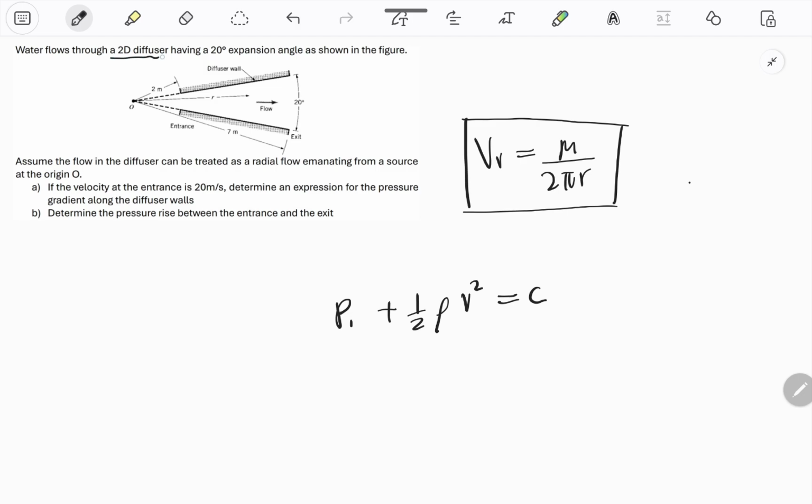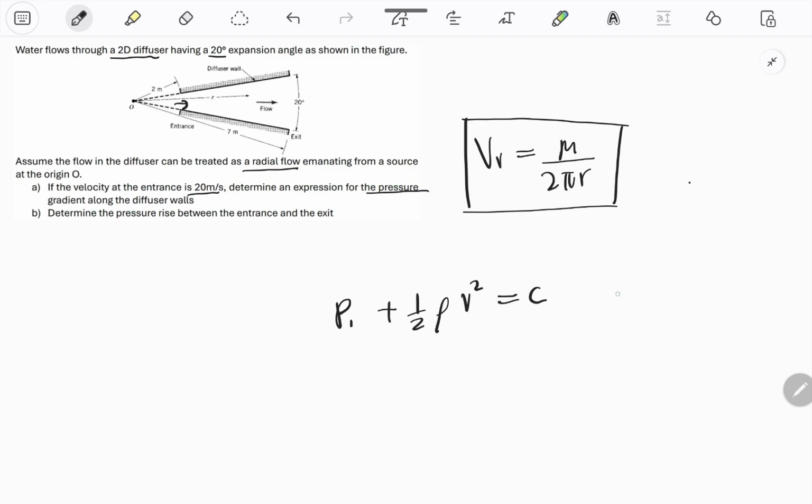It's a 2D diffuser, 20 degrees, radial flow from the source. So it's the same thing. We use this one for sources. Then we have V, and this goes in here. Determine the expression for the pressure gradient along the diffuser wall.